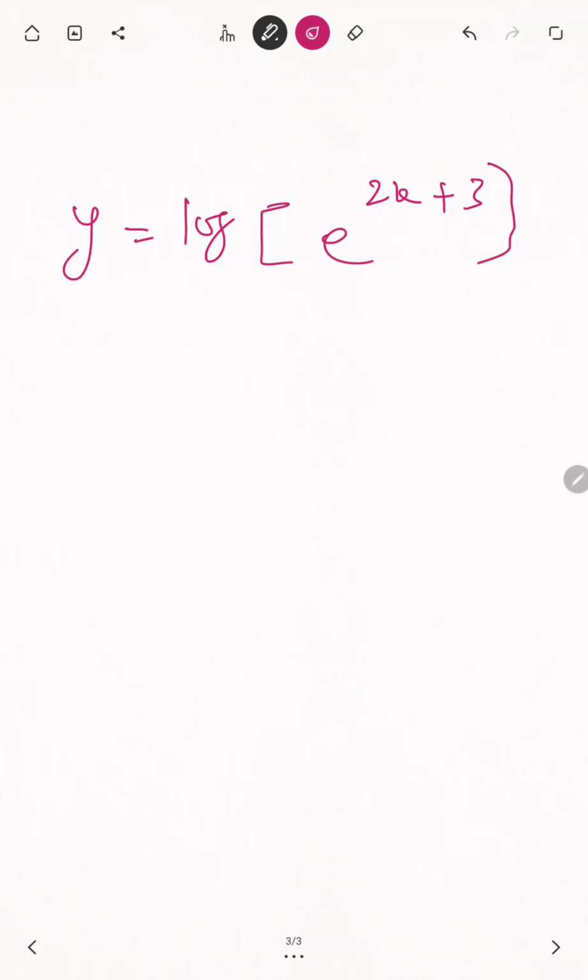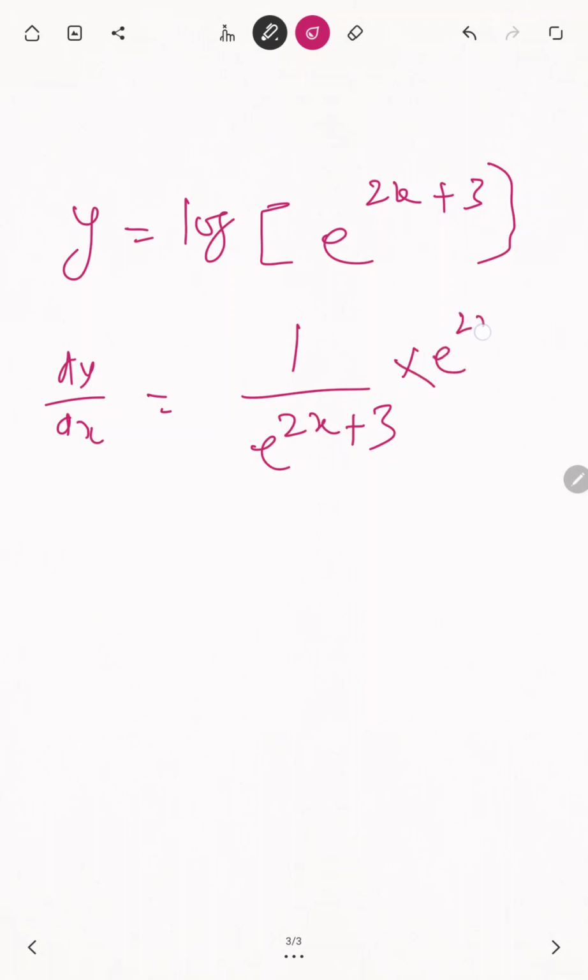How to differentiate logarithmic function? 1 by function, 1 by e power 2x plus 3. Function is exponential, into differential of the same. How to differentiate exponential function? Write down the function as it is and differentiate the power. 2x plus 3 differentiation is 2. This and this get cancelled. The answer is 2. Like that.